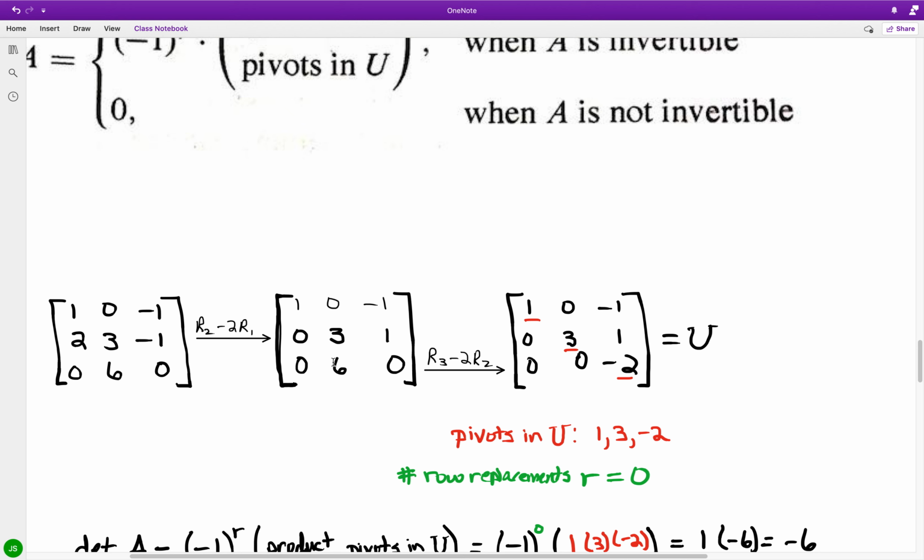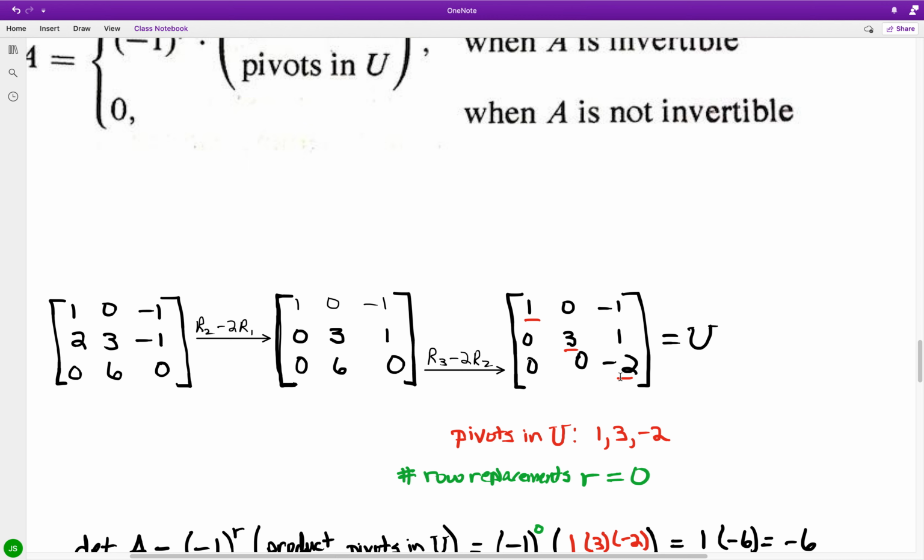To triangulate, I want to transform this 6 into a 0. The next pivot value is 3. To make this 6 into a 0, I'm going to take R3 minus 2 times the second row. In this case, we have 0 minus 2 times 0, 6 minus 2 times 3 is 0, and 0 minus 2 times 1 becomes -2.